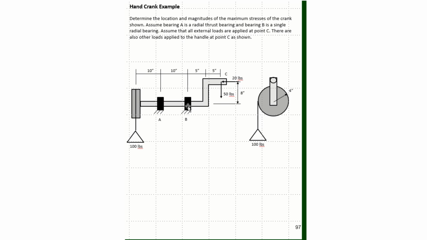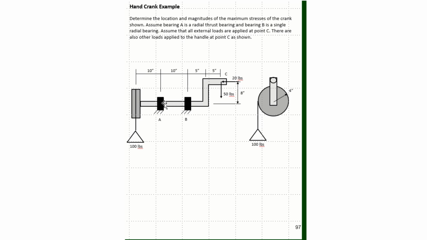This bearing here, for example, will maintain the shaft in this position by applying loads to not let it move up and down or in and out of the page. But bearings, unless they're thrust bearings, typically do not have an ability to carry an axial load.